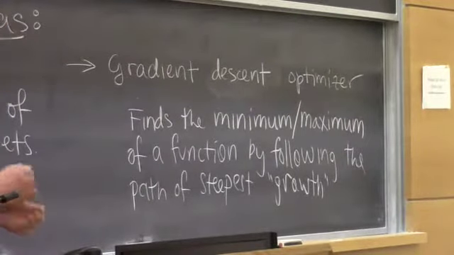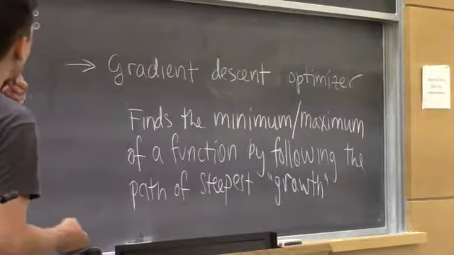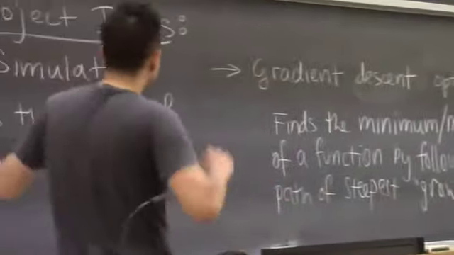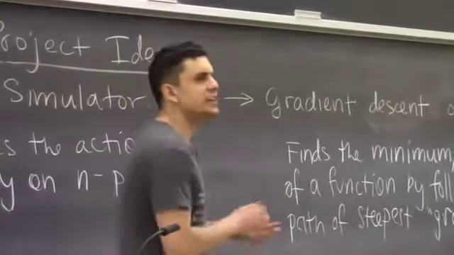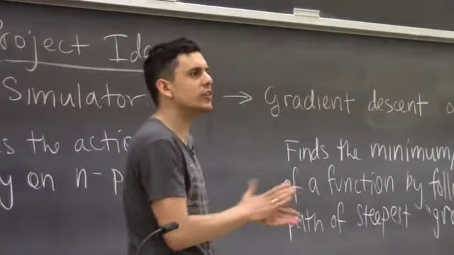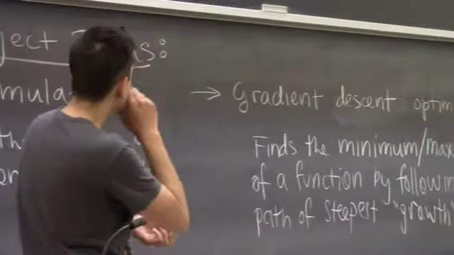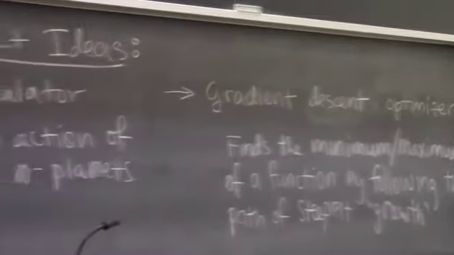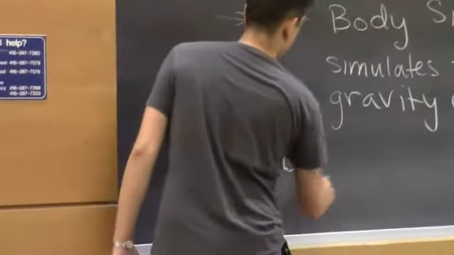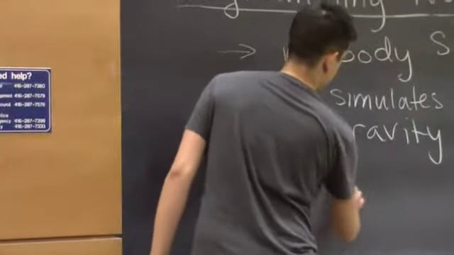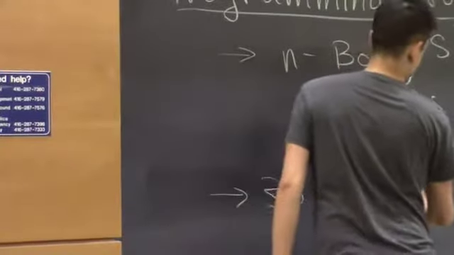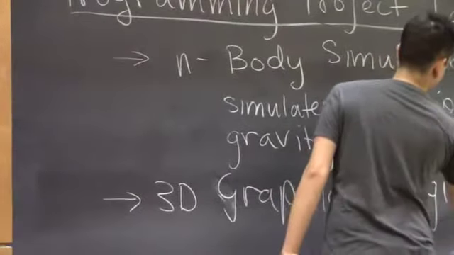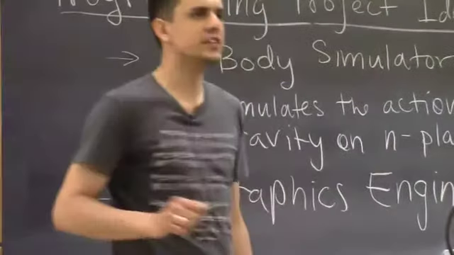Okay, so those are just a couple of ideas of programming projects that would really solidify the ideas in this course. And if you've done any video game programming, another thing that might be very useful would be a 3D graphics engine.